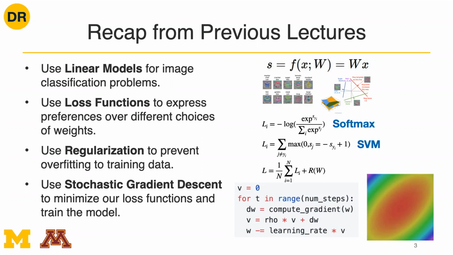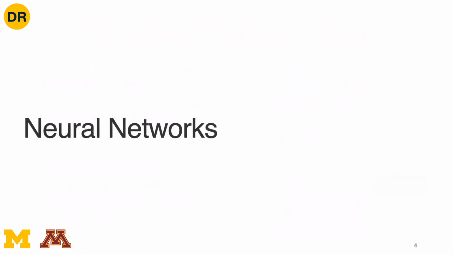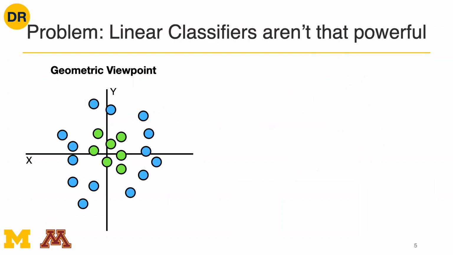Today, we'll actually go back to the first thing, classifiers, and talk about how we can do much more than what a linear classifier can do. So let's look at the limitations of the linear classifier. Again, to recap, they are not powerful.